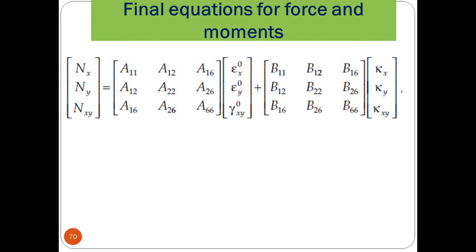So that was epsilon x, epsilon y, and gamma xy equals epsilon x0, epsilon y0, gamma 0 xy, plus followed by kappa. So the same equation is coming here, but it is in the form of force, and the A matrix and the B matrix are introduced with the help of integrated terms which have been discussed in the previous slides.